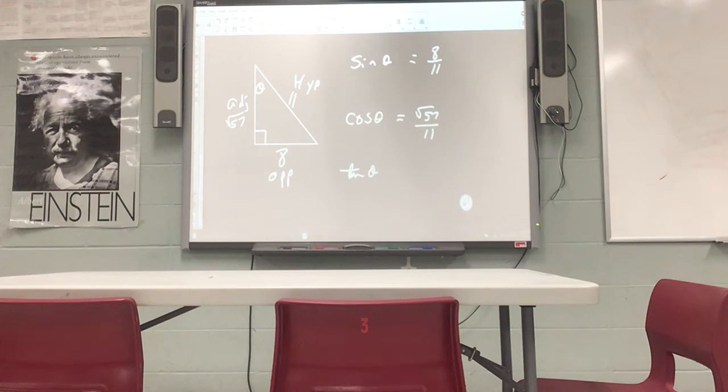Yes, as long as the radical's not on bottom. If it's on top, it's okay. Tangent is opposite over adjacent. So now we got work to do. We can't leave that radical on bottom. 8 square root of 57 over 57. Very good. Multiply top and bottom by square root of 57, and that gets you just exactly what Christian said.